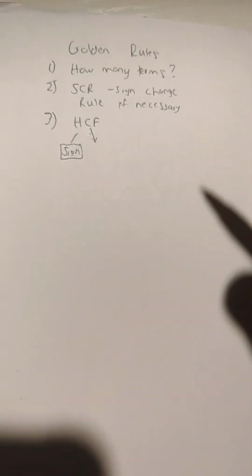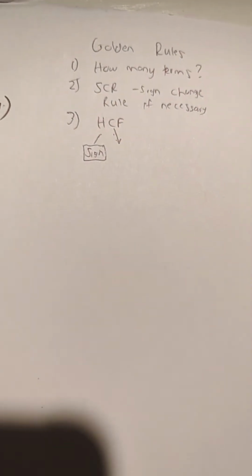The highest common factor, guys, is considered as taking out the highest common factor sign first, which is usually the sign of the first term, which has the degree of the exponent. Then 2, the highest common factor number. All right, so we have to take out the highest common factor number if there is one.